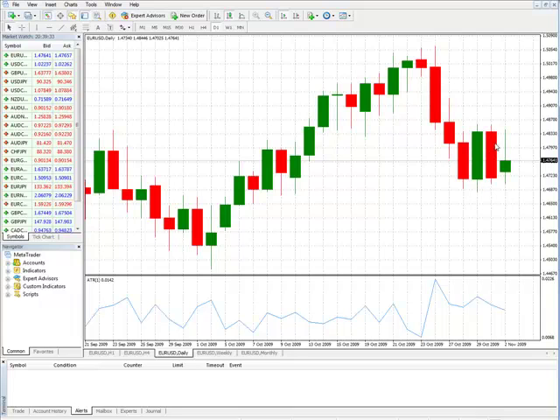So this bar right here in particular would be an inside bar. This bar today on my chart is looking like an inside bar so far, but the day's not over yet, so it can go either way.